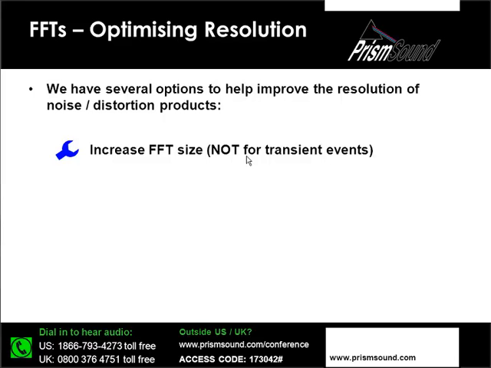So you need to be a little bit careful if you're talking transients as opposed to continuous tones. But for the purpose of what I want to discuss, increasing your FFT size is a good method. Decreasing your sample rate, as I said, may be counterintuitive, but I'll come back to that and explain how that helps us.